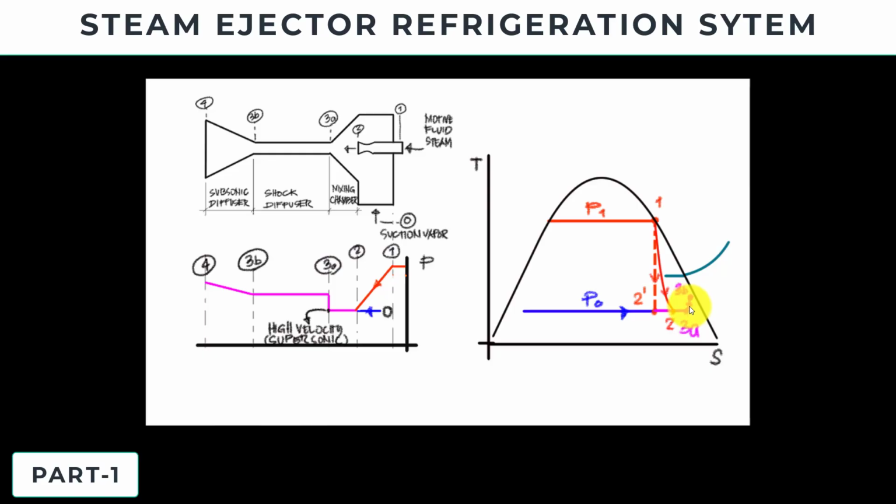Then from 3B, what is happening is that the kinetic energy from 3B is being converted to enthalpy.